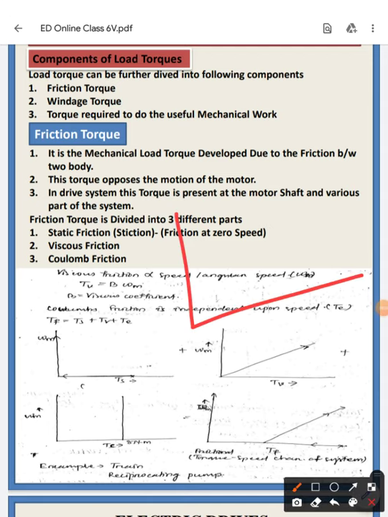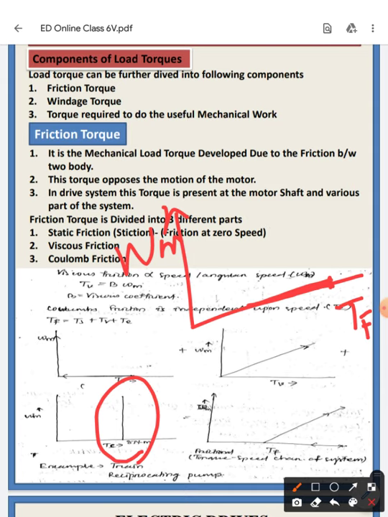This is my speed, angular speed. Due to the static friction, torque is maximum here. Now when the speed is increasing, that means we are losing the static friction. So the torque is decreasing in this way, and as the Coulomb friction is here, it is not depending upon the speed.